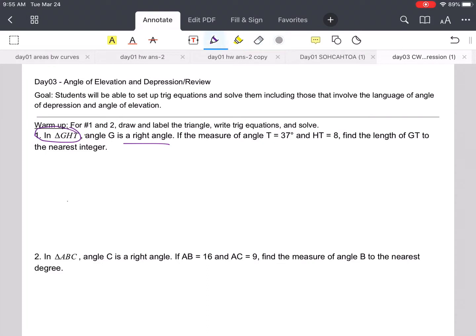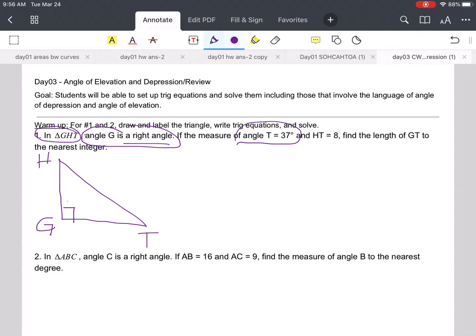So you want to make a nice right triangle, like the letter L there, put a little angle in there, and then don't randomly put the letters anywhere. Specifically, G is your right angle, so that goes in here. And then H and T can be any of the others. When you label angle T is 37, that is an angle. That doesn't randomly go on a side.